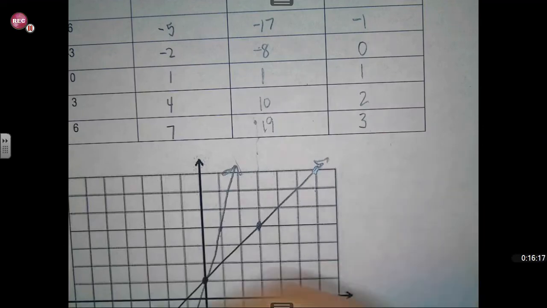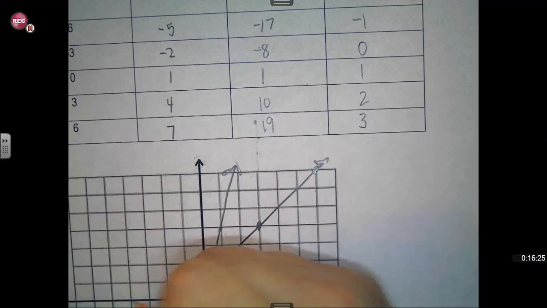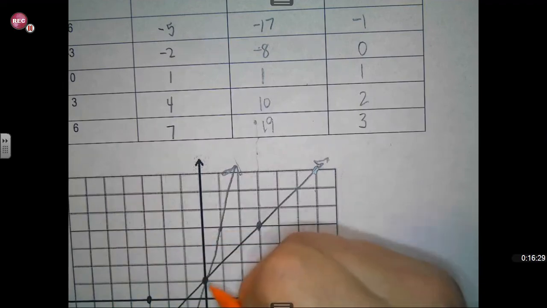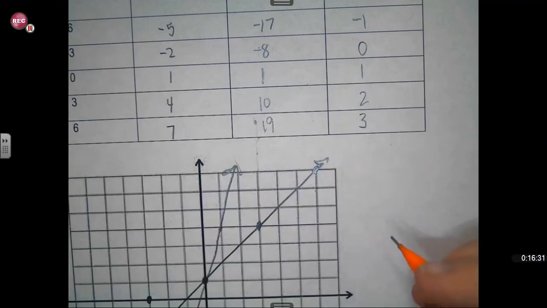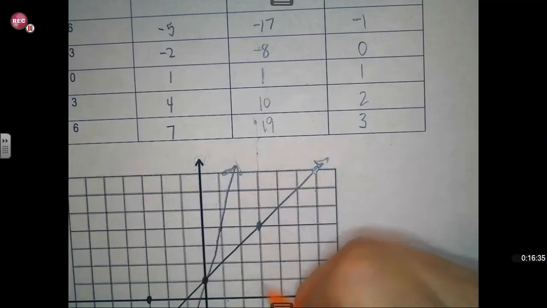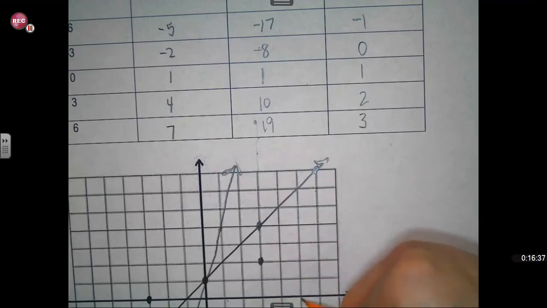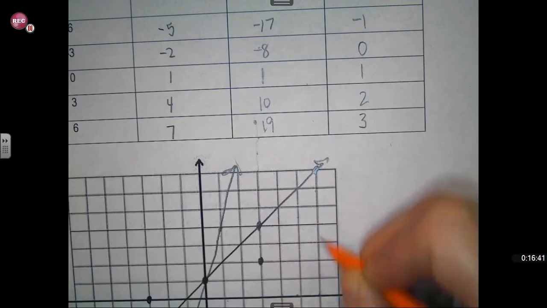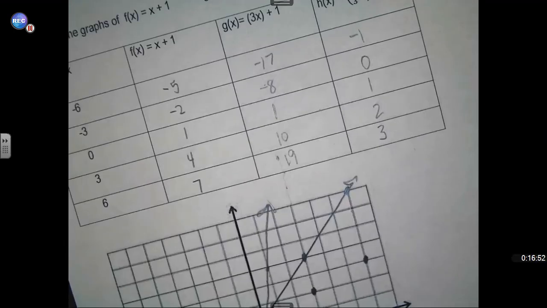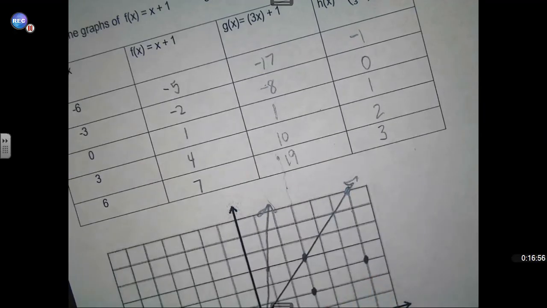So -6, -1, -3, 0, 0, 1, 3, 2, and 6, 3. And there is that line.